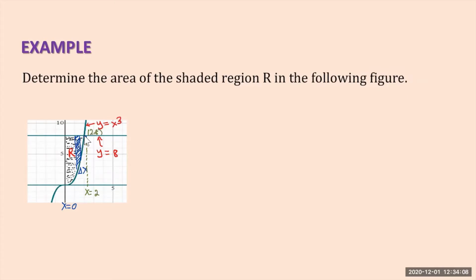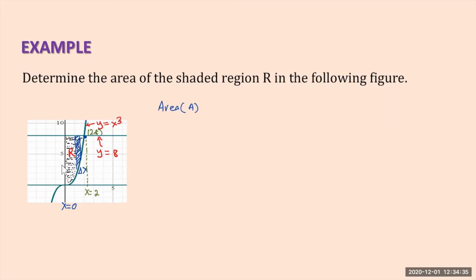Now, once we know the lower boundary for the area, which is x equals 0, and also the upper boundary for the area, x equals 2, and we know that the area is between two functions, the first function is y equals 8 and the second function is y equals x cubed. Now, we can easily find this area by integrating with respect to x. And this is how we can set up the integral.